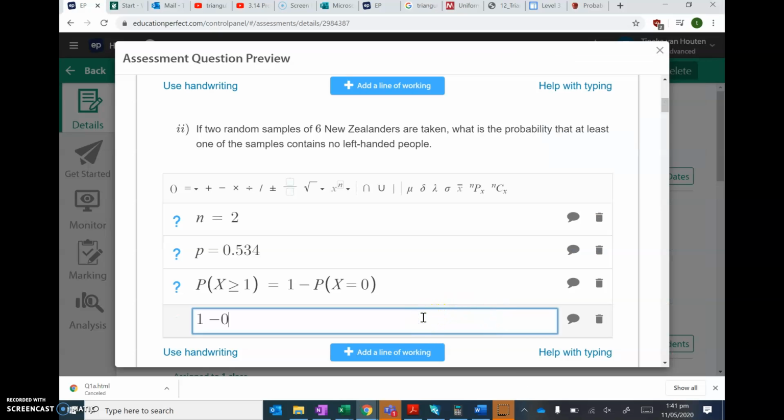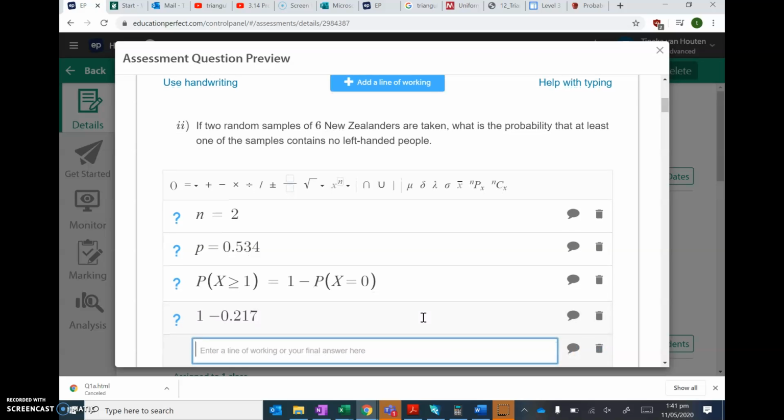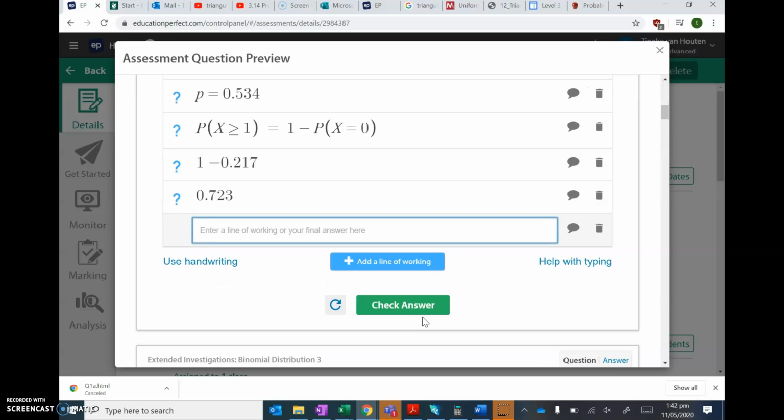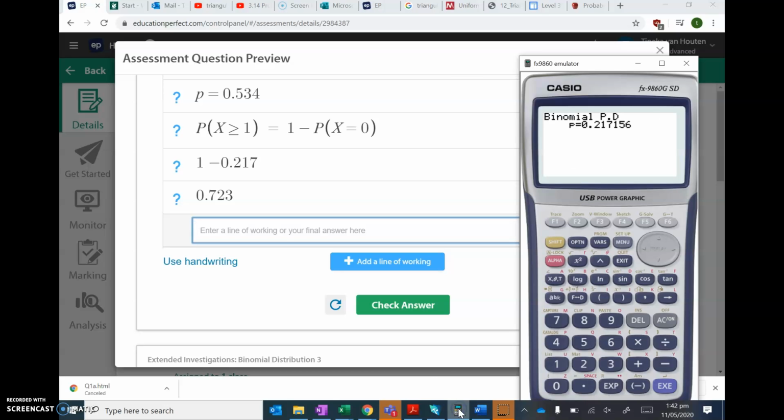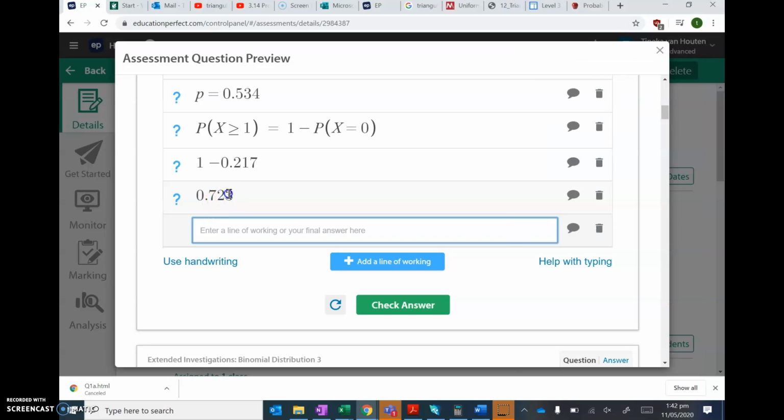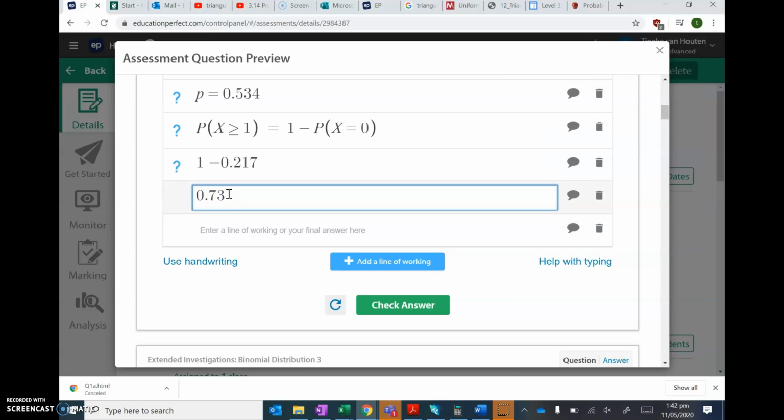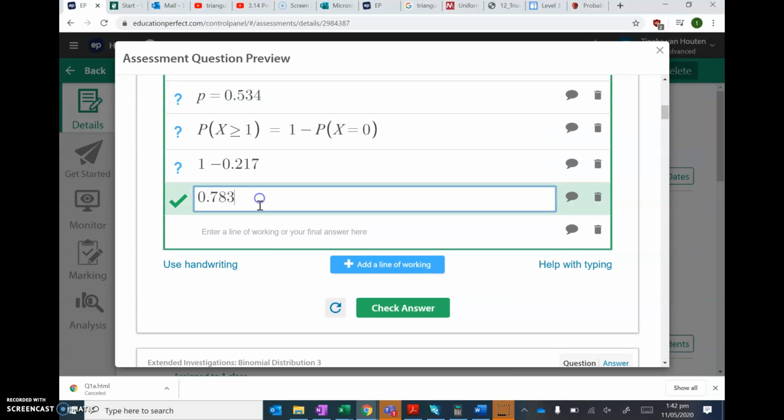So it's 1 minus 0.217, which gives me 0.723. What happened? Oops. 7, that's what happened. 0.783. There we go. Bad minusing.